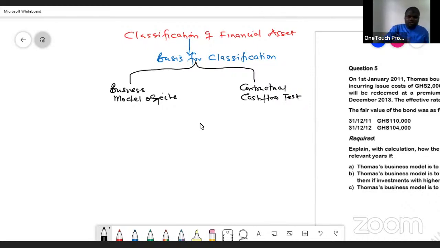Okay. So after this, the classification is based on two types of financial assets.